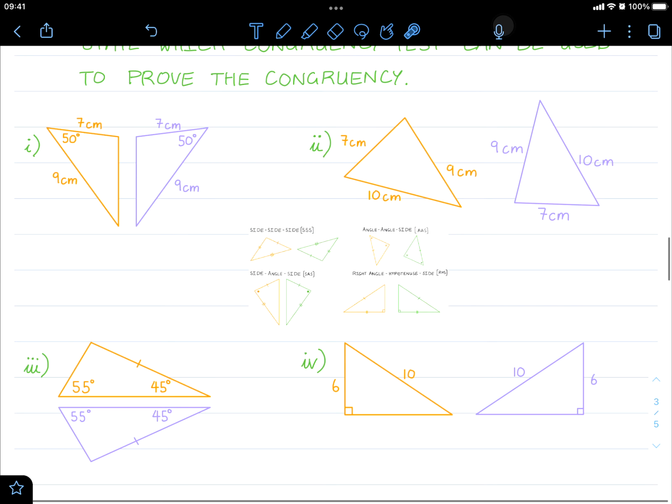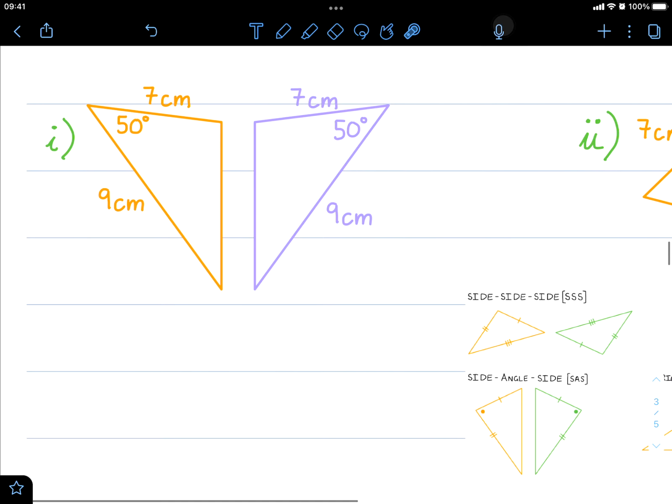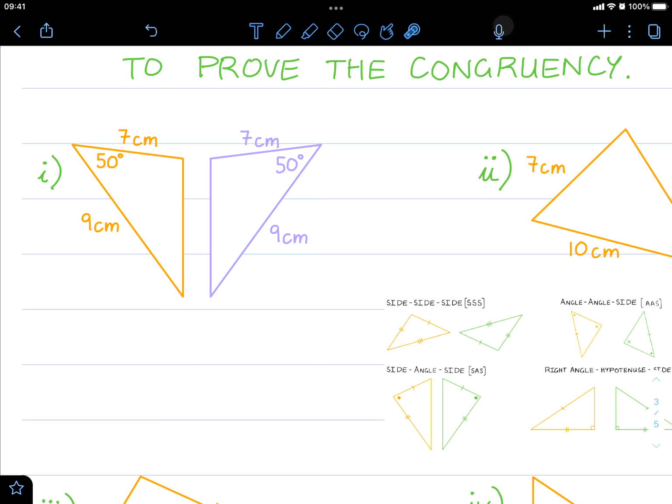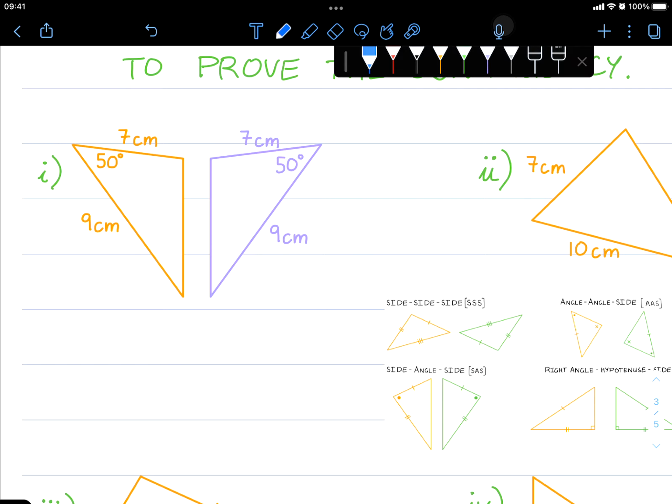So here we go. For this one, hopefully you can see we have one side is equal, another side is equal, and the angle between both of them is also equal. That is side, angle, side. So for this one, we can say the test of SAS was used.